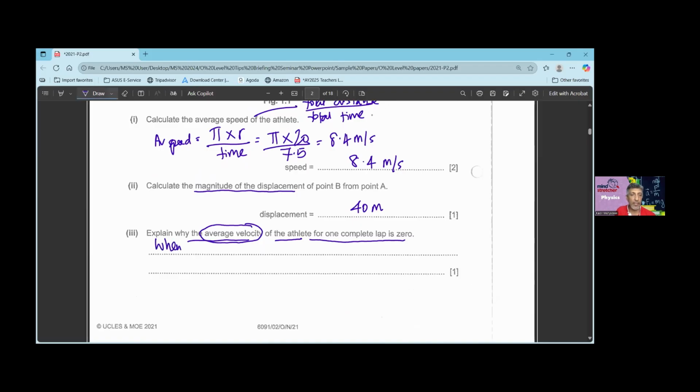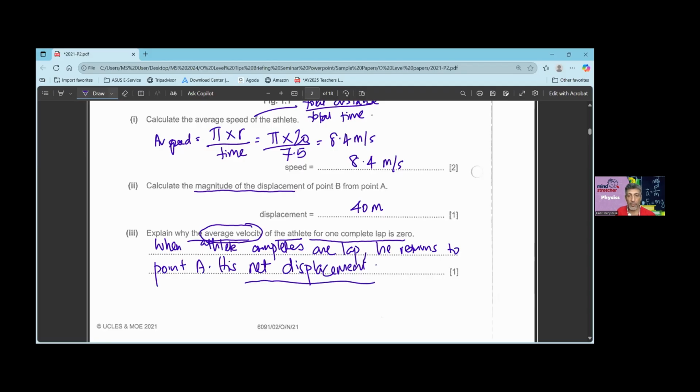When the athlete completes one lap, he returns to point A. His net displacement is 0. Okay, so remember net displacement is 0.